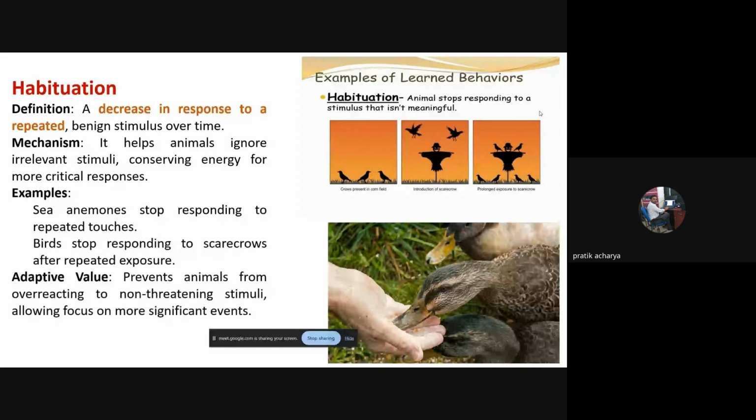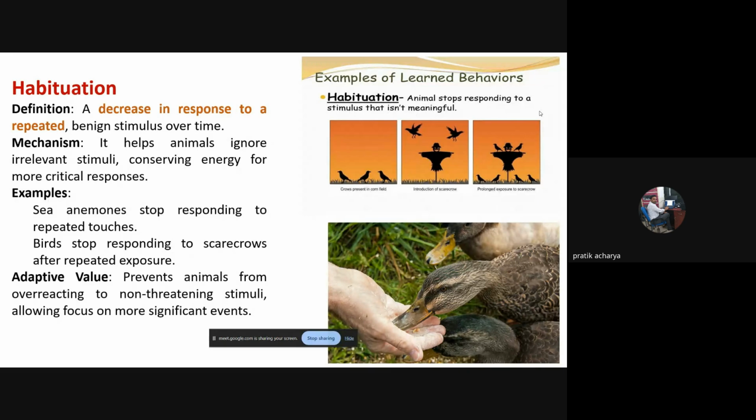Another pattern of learning is habituation. Habituation means a decrease in response to a repeated benign stimulus over time. That means if you are facing any kind of situation, you become familiar with that situation, or you lose your fear of that situation. That is habituation.